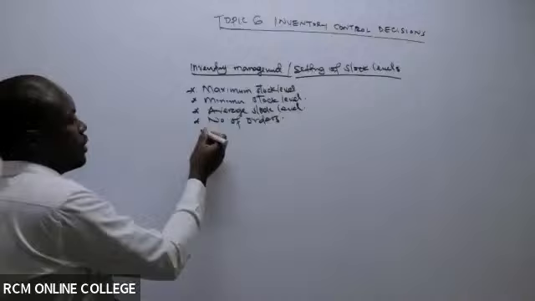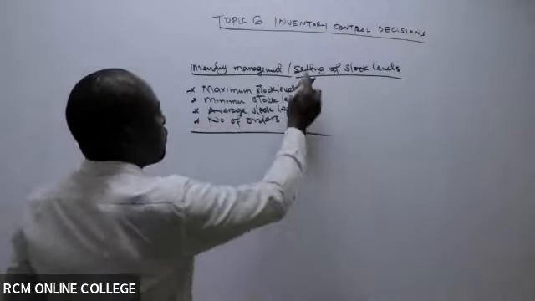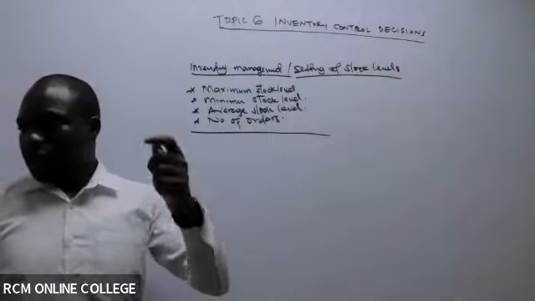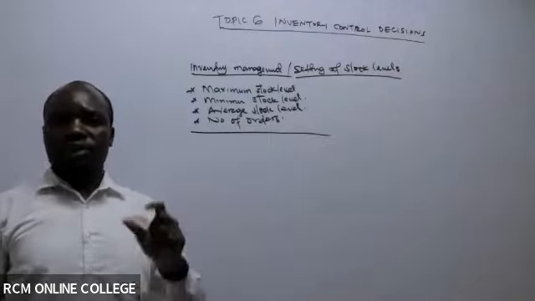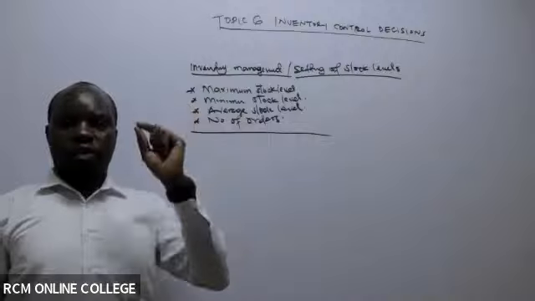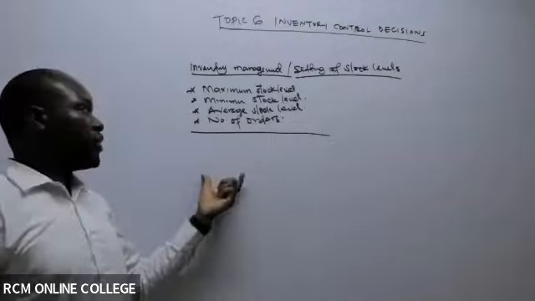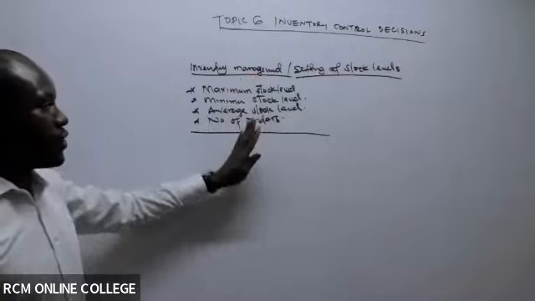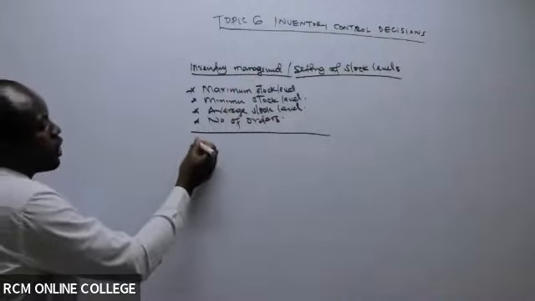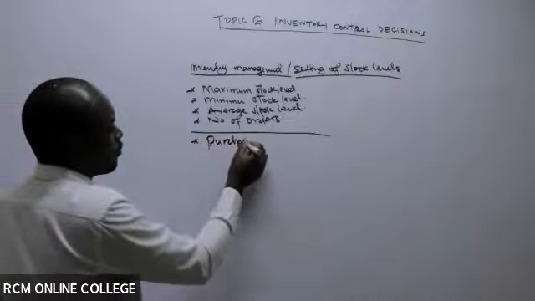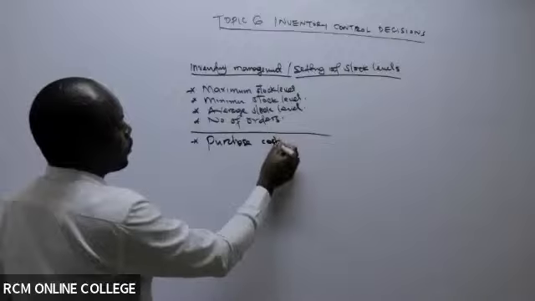But with all these, we are trying to look at minimum stock level, maximum stock level, so that we get to minimize the cost of taking care of stock or inventory. So the cost related to this particular stock, number one, we are talking about purchase price. So we have purchase cost.